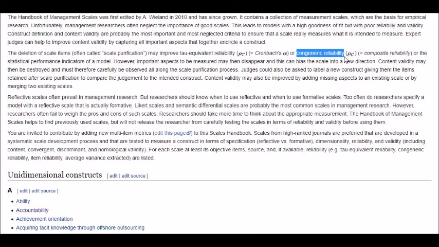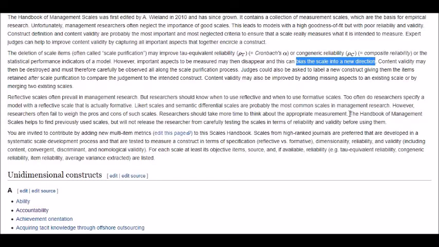So that is the reason why I have come here, and I said, okay, let me showcase it to all of you. However, important aspects to be measured may then disappear, and this can bias the scale into a new direction, and this is where the biasness is coming in. And you will see how to understand even the biasness of the scale moving towards a different direction altogether. We will understand this aspect also.